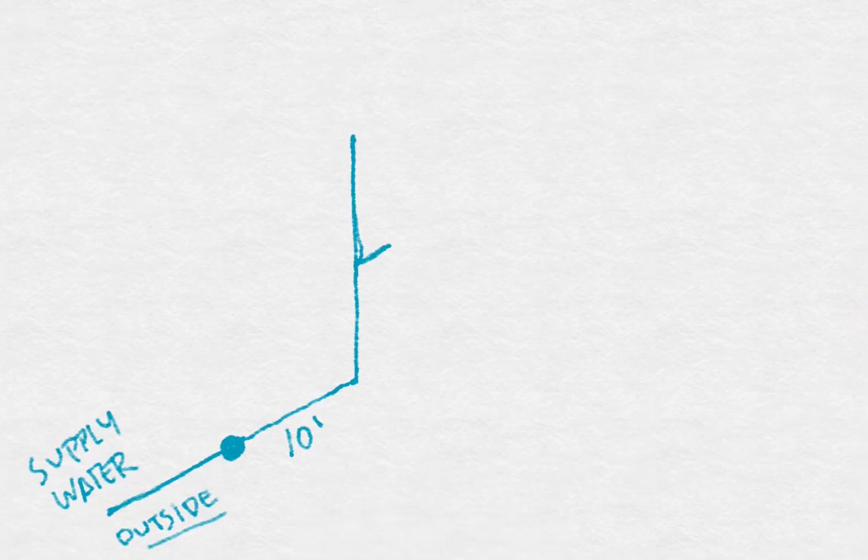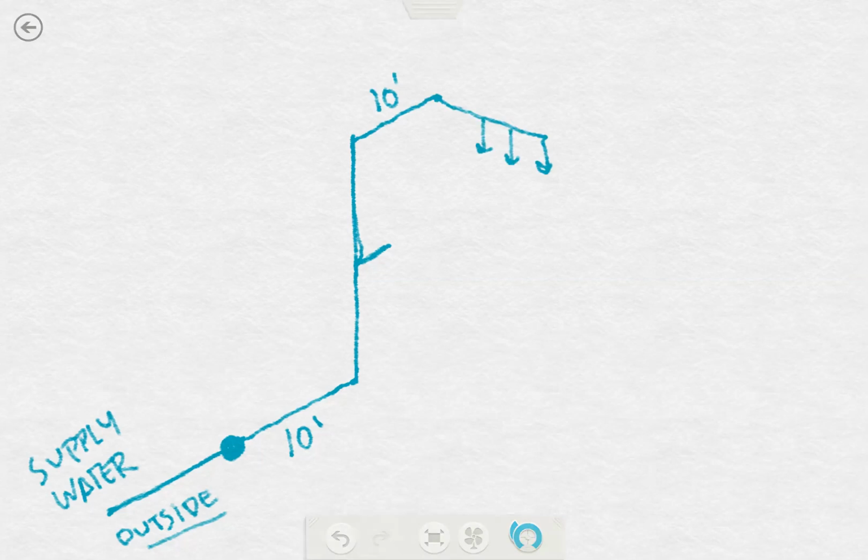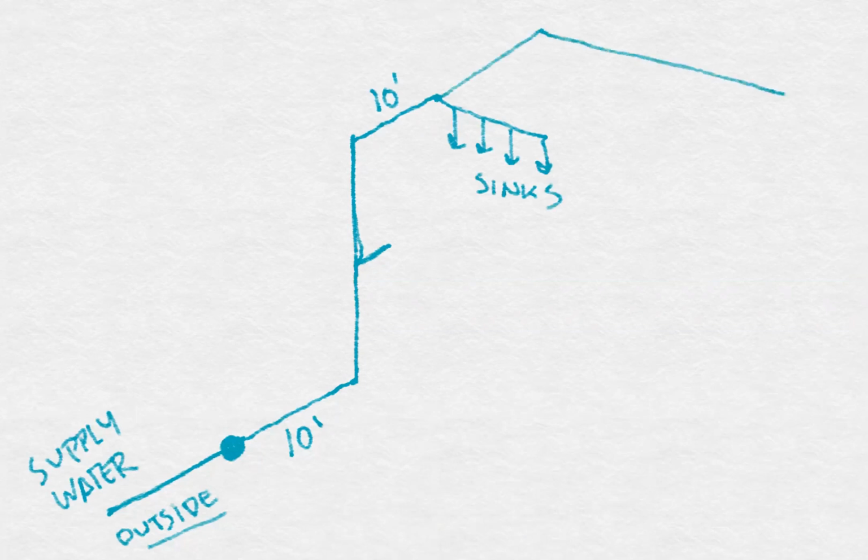So on the second floor, we go that way. I told you that this was 10 feet. And then here we have the sinks, 1, 2, 3, and 4. Those are the sinks. And then we go here. We have 3 toilets. And here we have 2 urinals.